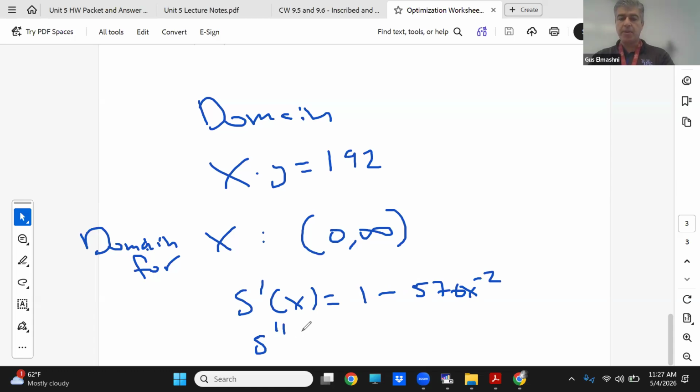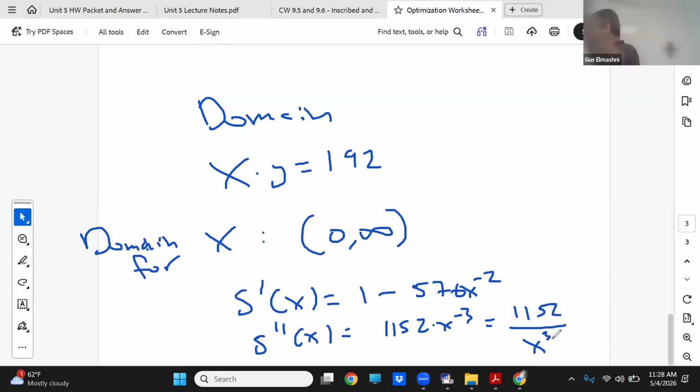Okay, what's my second derivative going to be? It will be plus, where 576 times 2 is. What's that going to be? 1152 times x what power? Okay, cool. Now, in this domain, our situation here, what can you conclude about the concavity?